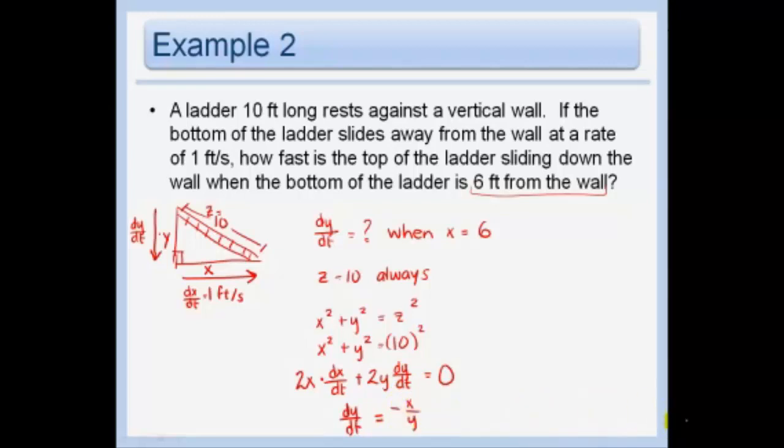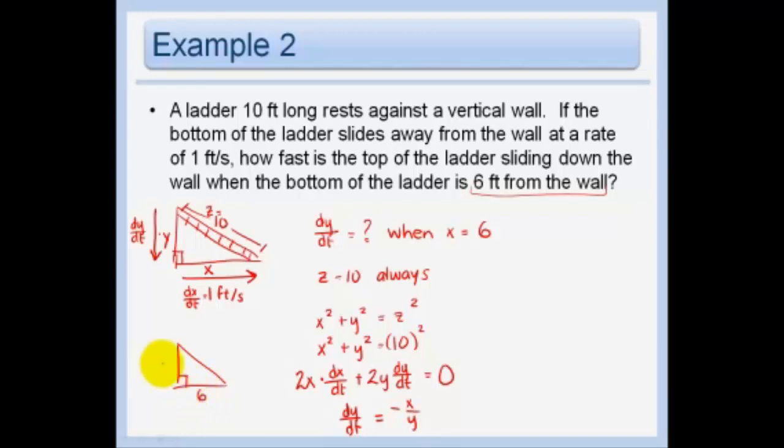Now what is x and what is y? Remember, we wanted to find dy dt when x was 6. So now that we solve for dy dt, at this moment we can now insert the values for x and y. So we're saying when x is 6. Well, when x is 6, then we have this triangle.